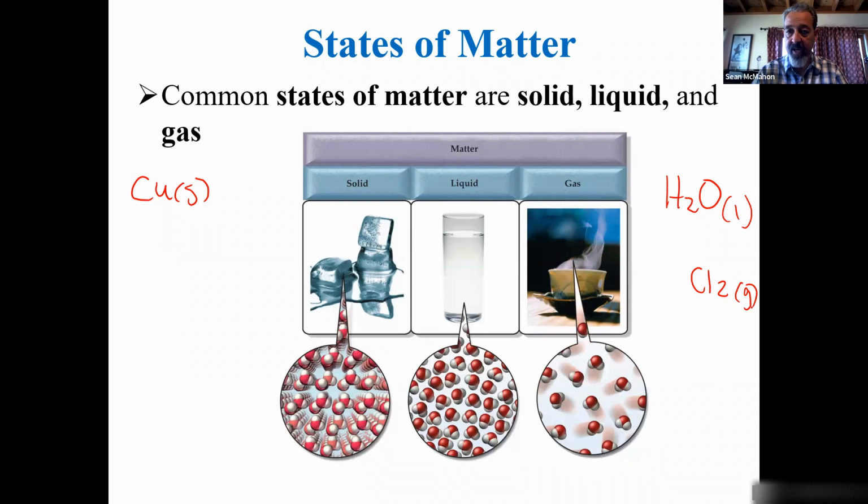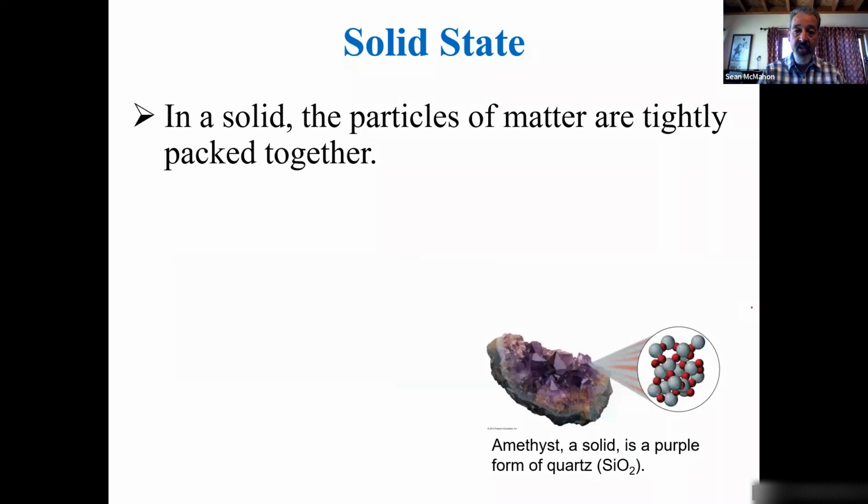So what are the states of matter? Solid, liquid, and gas. In a solid, basically, it's based on how close the particles are aligned. When I say particles, I mean the atoms or the molecules or the ions. So with solids, the particles are really close to one another.